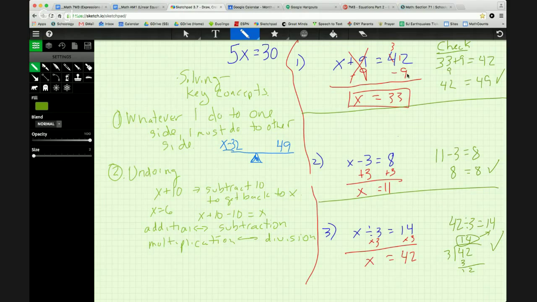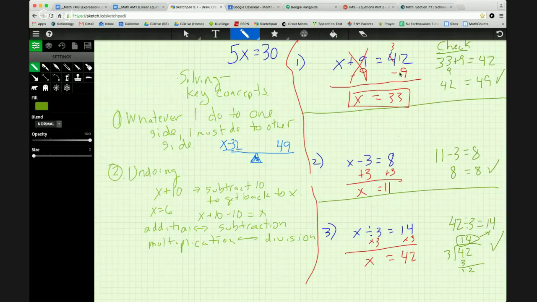So when we're doing operations to both sides, we have to know what operation to perform. The operation that we performed on both sides is the opposite one that we performed on our variable. So in this case, when we added 9 to our x, we undo adding that 9 with a subtraction of 9.